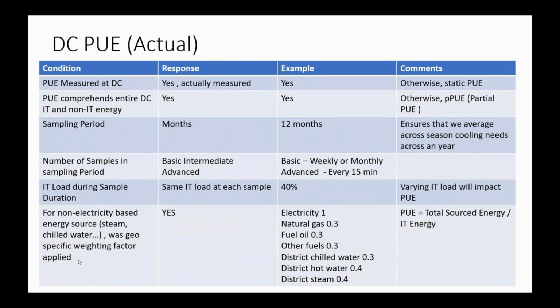Otherwise, you're a partial PUE. And Sammy, where you're going, what's your sampling period? We should say your sampling period should be on the order of months, a minimum of 12 months if you're a true data center, because otherwise there's another trick you can play. People use adiabatic cooling.